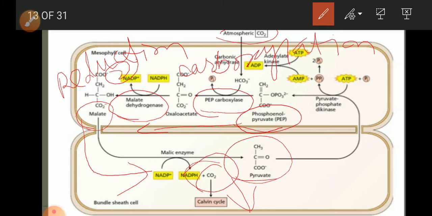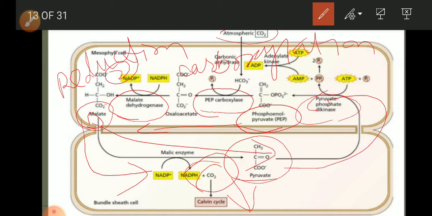The pyruvate formed from malate will again move into the chloroplast in the mesophyll cells, and pyruvate phosphate dikinase changes it again into PEP, phosphoenol pyruvate.